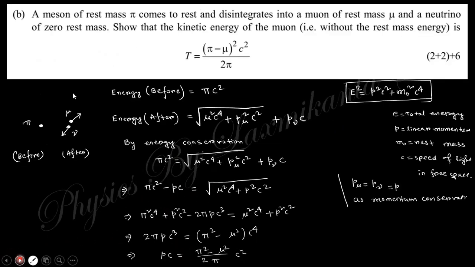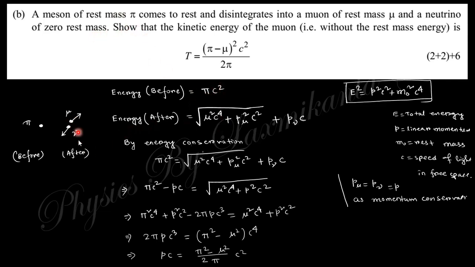Next question. A meson of rest mass m_pi at rest disintegrates into a muon of rest mass m_mu and a neutrino of zero rest mass, so that the kinetic energy of the muon, that is without the rest mass energy, is like that. So the energy is m_pi c square before the disintegration, the mass of the meson times c square.